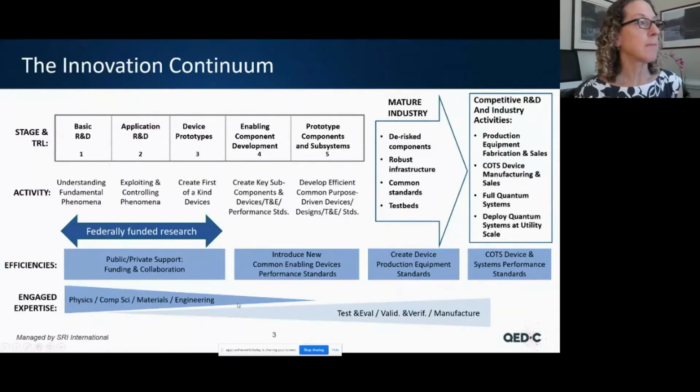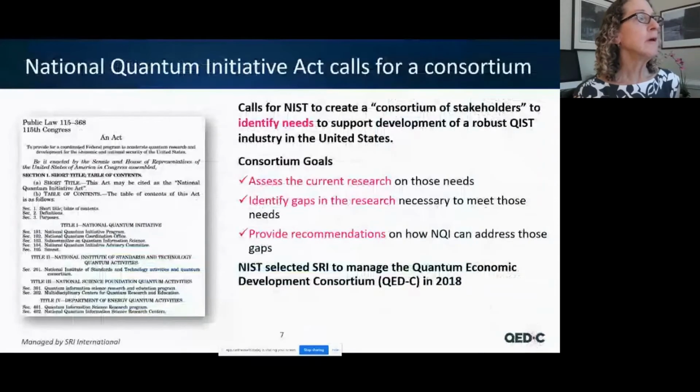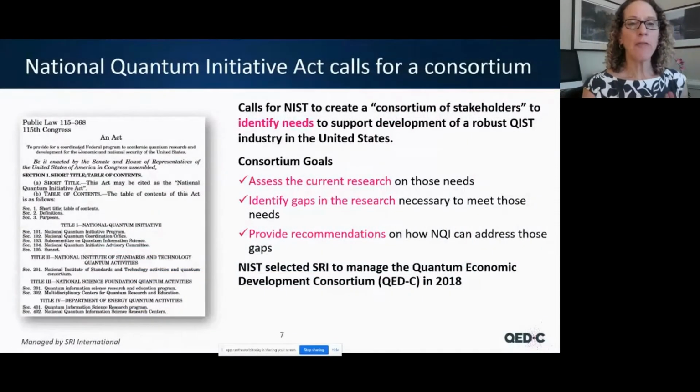And just like the previous slide that showed the innovation ecosystem, there are a lot of different expertise and capabilities that are going to be necessary for something to move from the basic research stage through to application and manufacture and commercialization. So this big ecosystem needs to come together to be efficient.